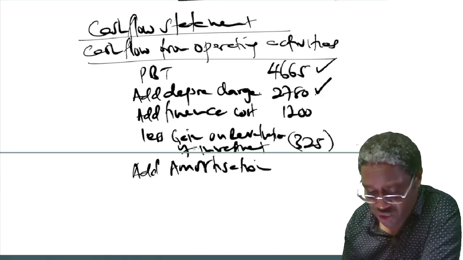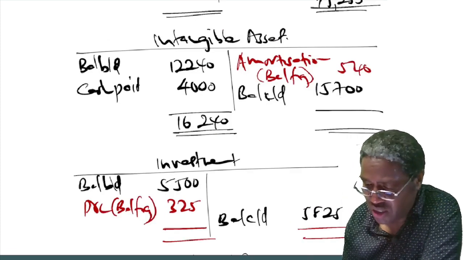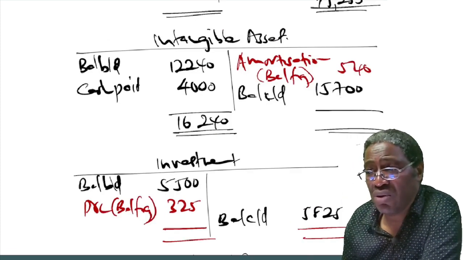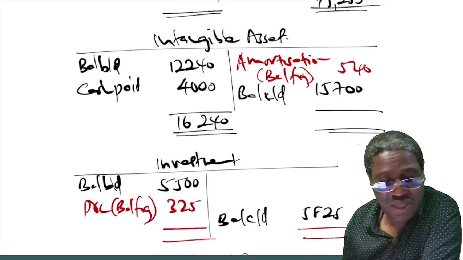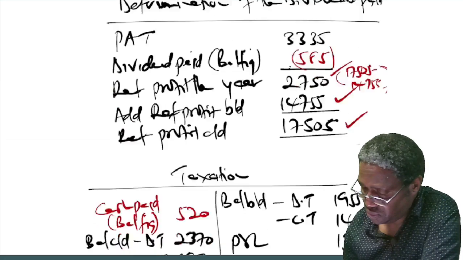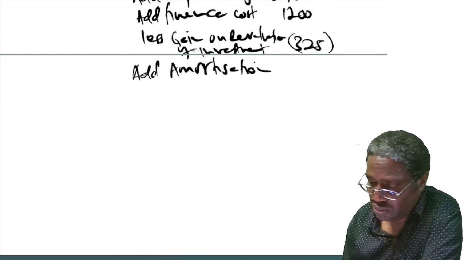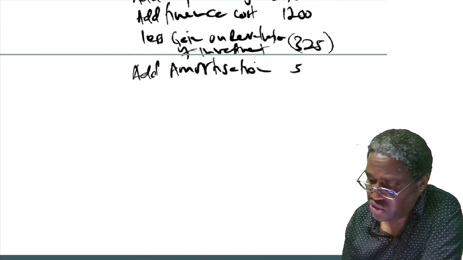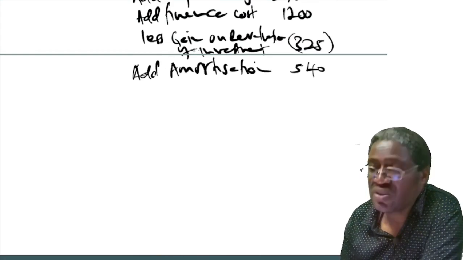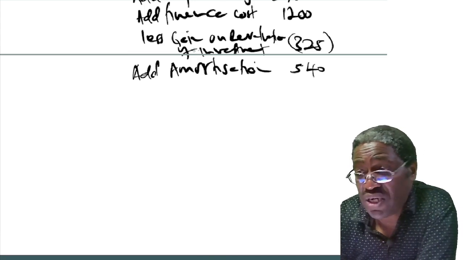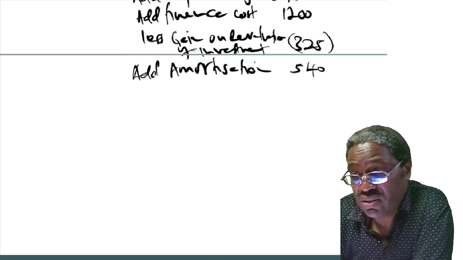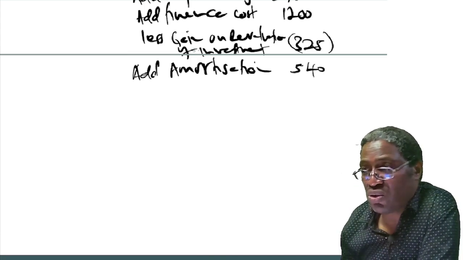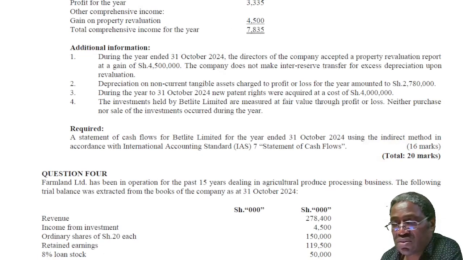What is it that we got as the amortization charge? Here it is, and the amount is 540. It's an expense, so it must have made our expenses more than it should be. We add. Good. That is from note number 3.